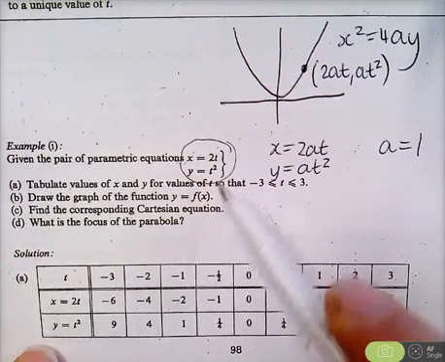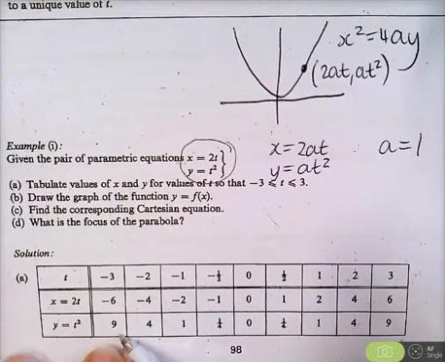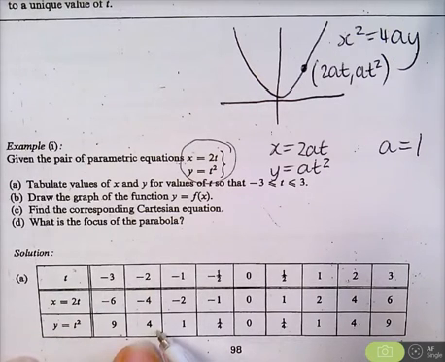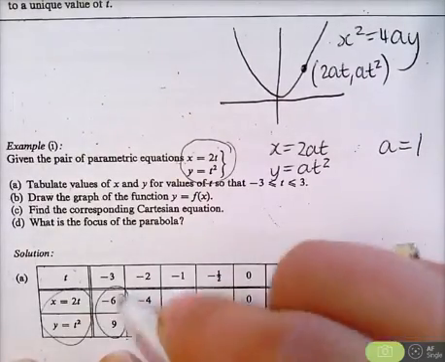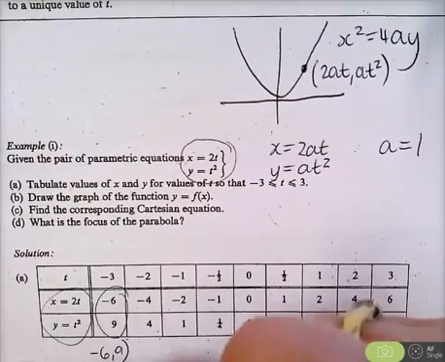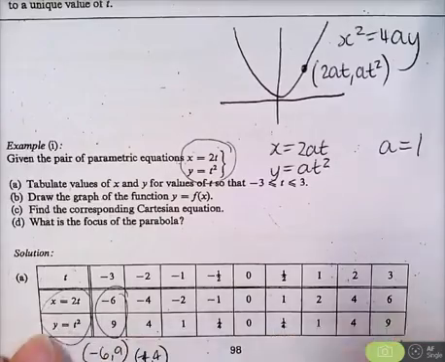We know that y is t squared. That's what they've told us. So when t is -3, y is 9. -3 squared is 9. When t is -2, y is 4. Do you get that? So you just keep continuing with that. And each x, y value, isn't it a point on the graph? So this is the point -6, 9. That's the point -4, 4, because it's an x and a y value.